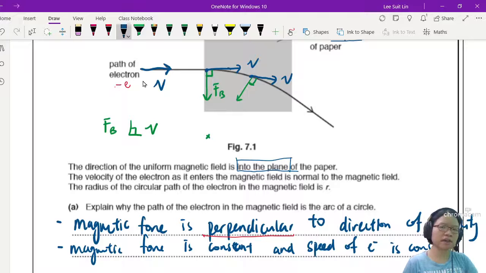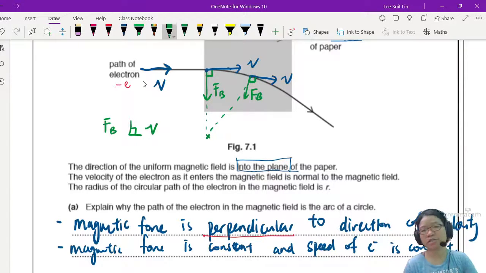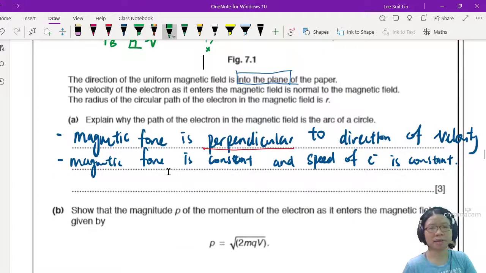This FB is always 90 degrees to the tangent. Let me fix the drawing a bit. So the direction of FB will be like this, 90 degrees. Of course, if you have a ruler, you can draw better. So this FB and V are always 90 degrees as it travels. This is why the magnetic force is constant.